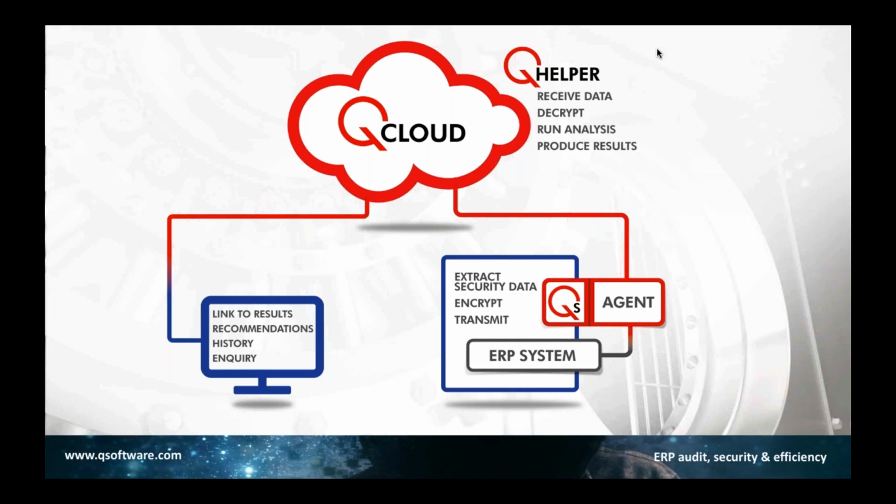The agent, which sits on any PC, any device connected to your database, will suck the data out, encrypt it, transmit it up to the cloud, where the analysis is run, and then you'll get a URL back to your email saying, "Here are your results, log in." A typical 1,000-user system on EBS will take maybe an hour to run, so it's not instantaneous, but it's very rapid.